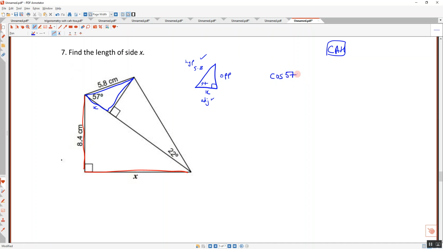Cos of 57 is equal to adjacent over hypotenuse. 5.8 is dividing the x, so I need to multiply both sides by 5.8.